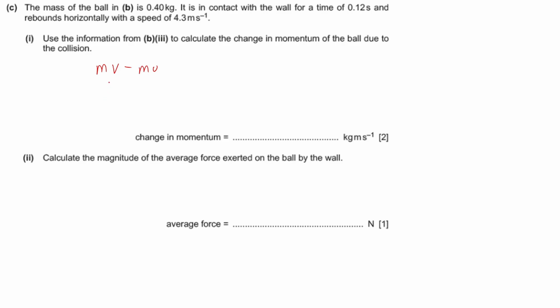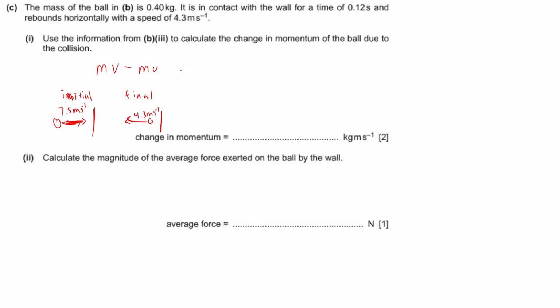And you have to account for direction for this. So we're going to say that towards the wall is going to be the negative direction. It's heading here at a speed of 7.5 meters per second. So that's the initial, and then the final is going to be the ball going this way. And they give us the final velocity of 4.3 meters per second.